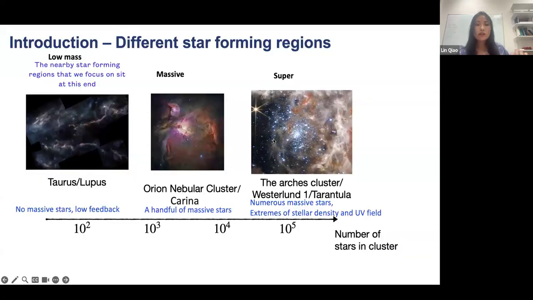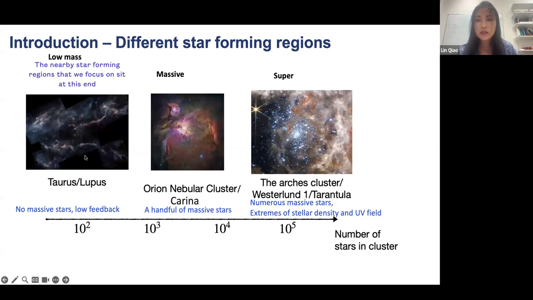Okay. So first of all, just for a little bit of background introduction, there is now overwhelming evidence that planets form in disks around young host stars that are still part of the collapsing star-forming regions. And there are different types of star-forming clusters as the natal birthing environments for protoplanetary disks and planets, characterized by different masses.